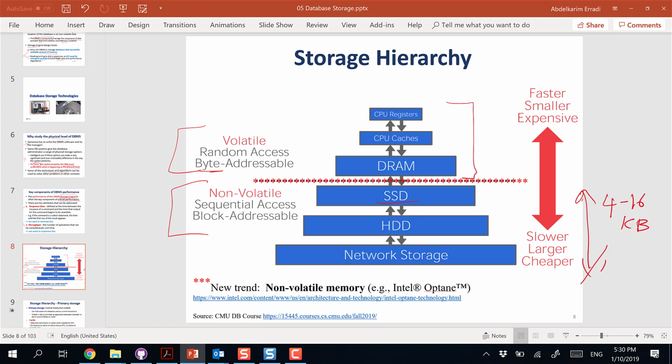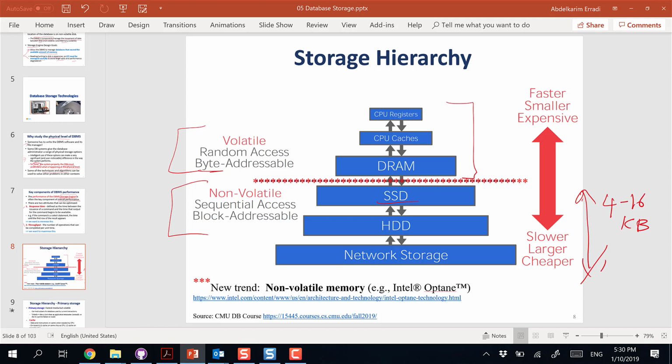So when we read one block, the next block we need ideally is supposed to be next to it, as close as possible, so we don't keep jumping over the disk. And I will explain why this is important. So that's what you need to keep in mind from this diagram.